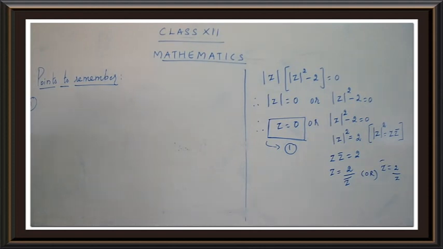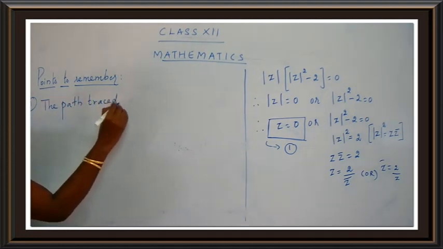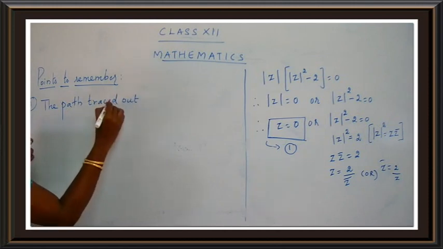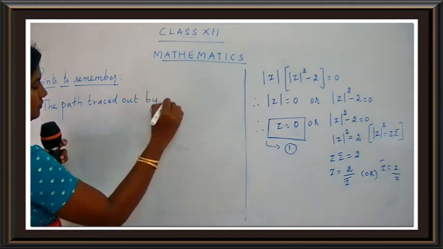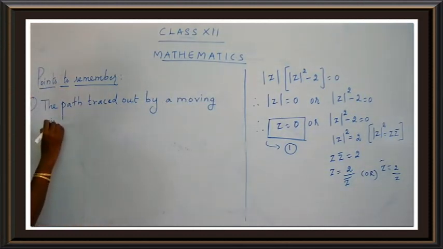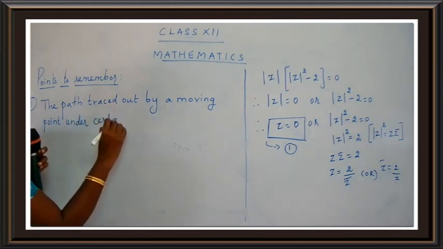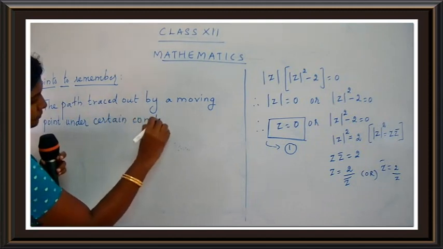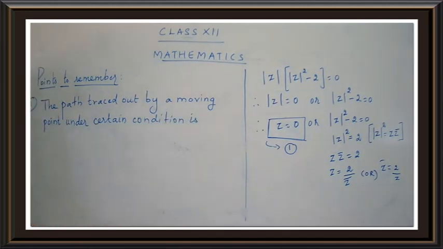Write down. The path traced out by a moving point under certain condition is called the locus of that point.